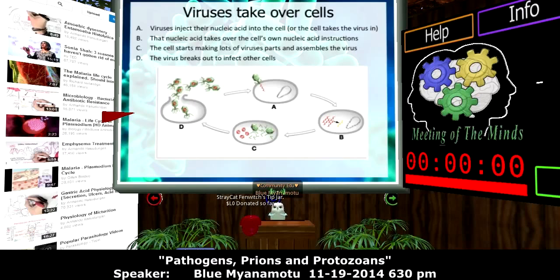Cells are built with almost like this automatic system for when it gets infected, and even when it doesn't, it frequently displays pieces of its protein on its surface, on its cell surface. So if I use my pointer here, you can see the surface of the cell, this outer part, which is the cell membrane. It will display it on the outside.